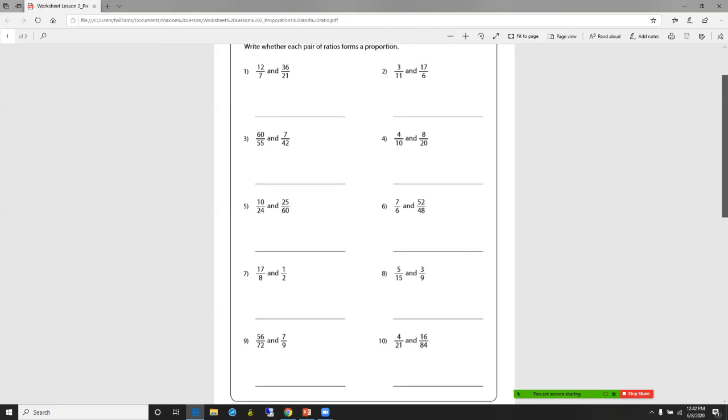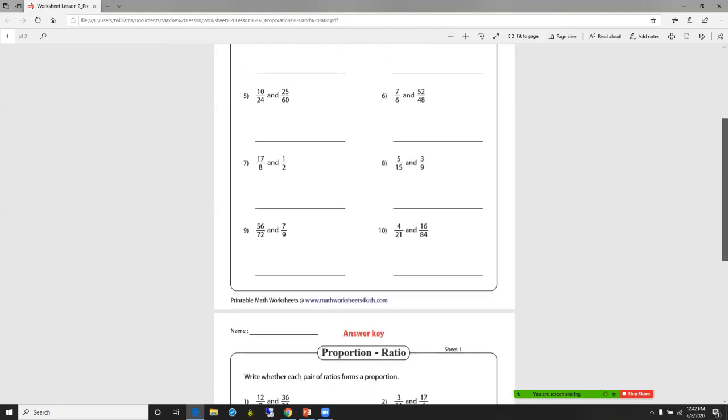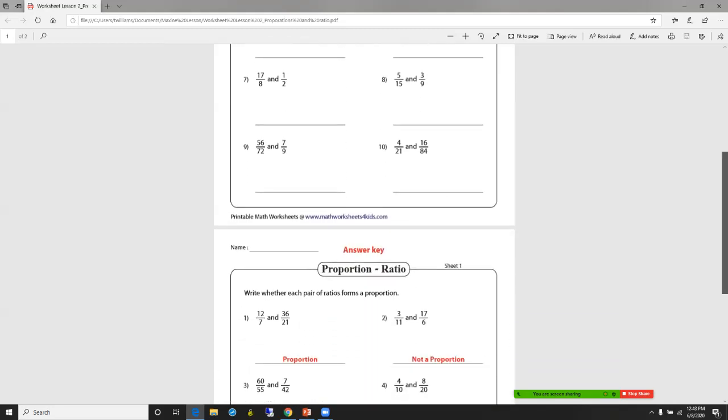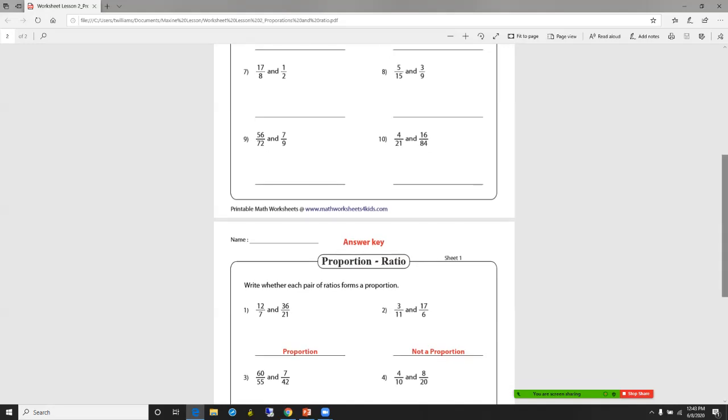Welcome back. We're back now. We're going to go over the proportion of the ratios. Tell me whether each pair of the ratios forms a proportion or not. Can someone tell me number 3? What do you have for number 3? That is correct. It's not a proportion.